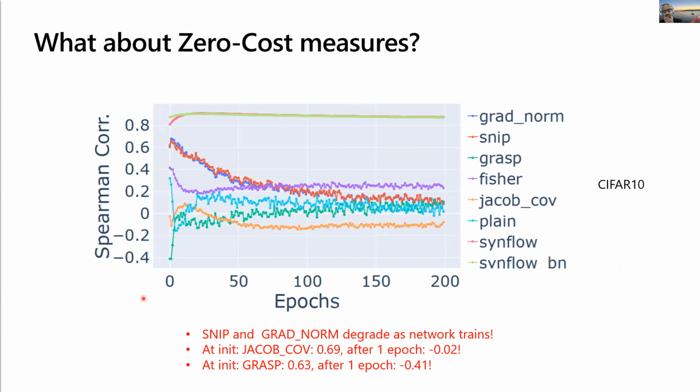Okay, the other thing that we looked into is stability as training progresses. As I train the network over epochs, how do these zero cost scores behave? One of the properties you would expect of a good ranking method is that as it gets exposed to more and more of the actual task loss and dataset, it should be able to do better, right?